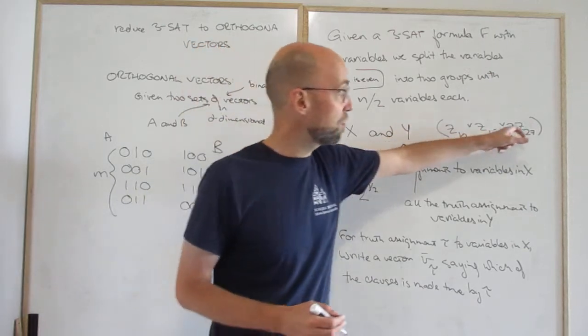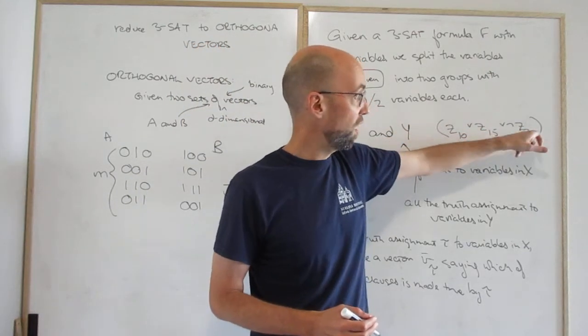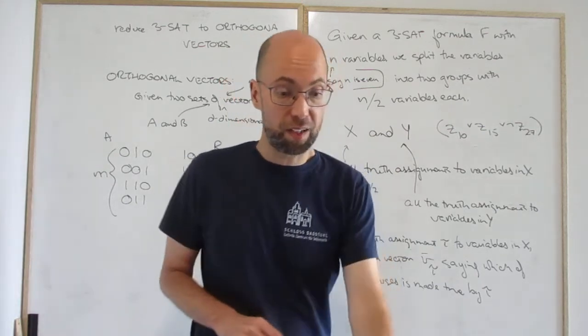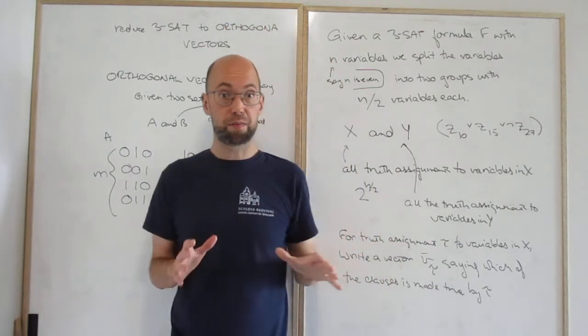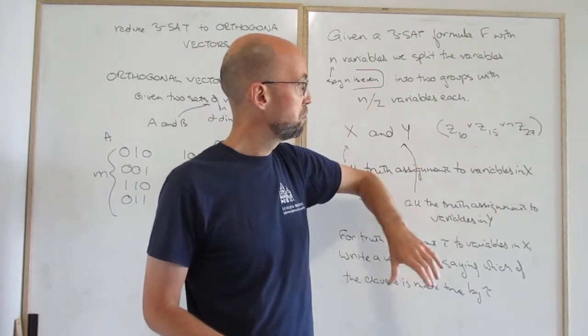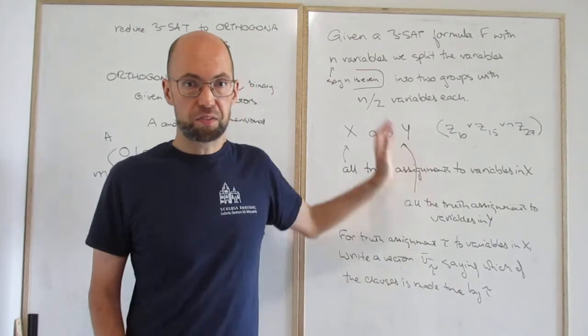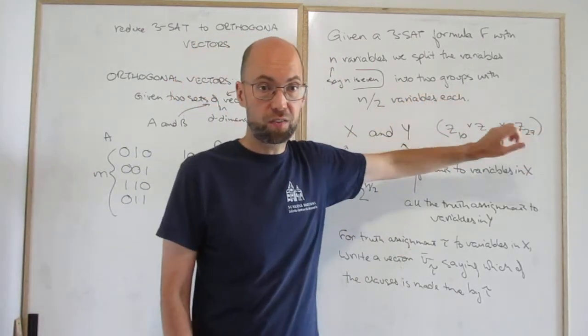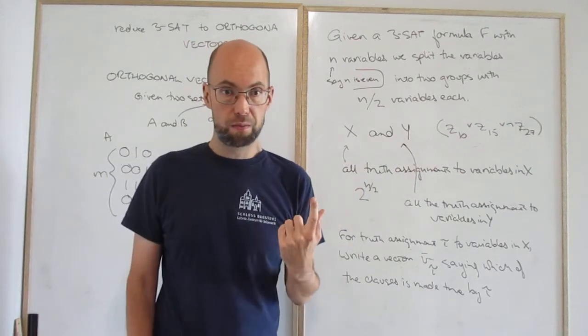Maybe you could still set z27 to satisfy it, but tau by itself is not enough. Now, if tau says z10 is true, then great, tau satisfies this and you write a 0. If tau doesn't satisfy this by itself, you write a 1.